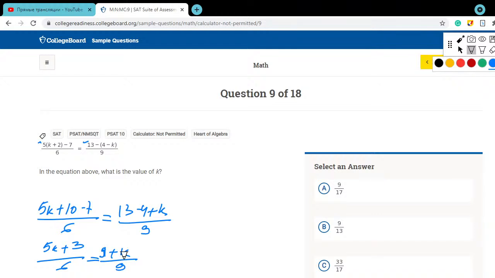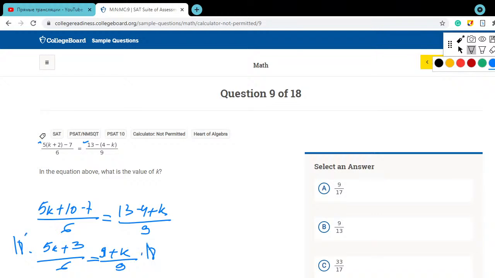I need to get rid of the denominators, so I will multiply both sides by the least common multiple. For 6 and 9 it would be 18, so I multiply by 18 here and 18 here.